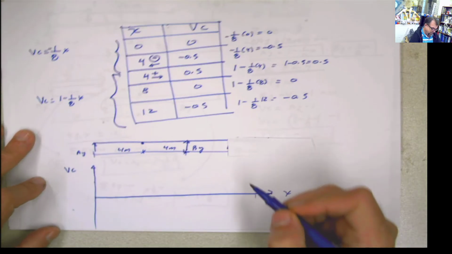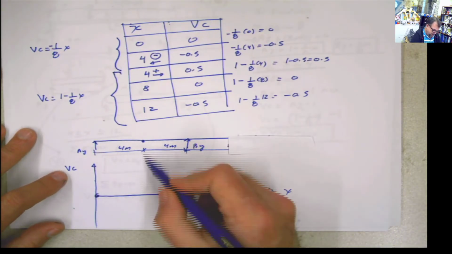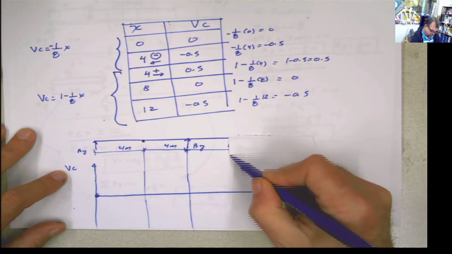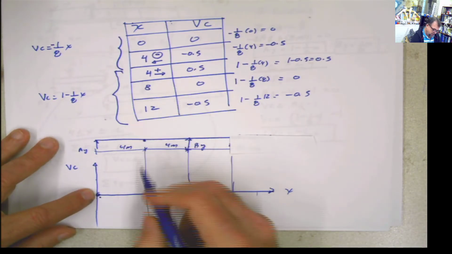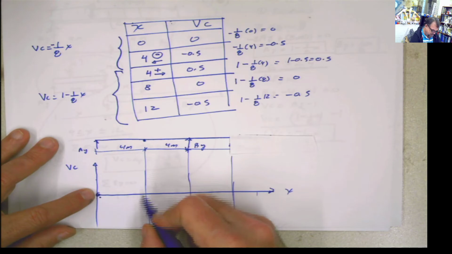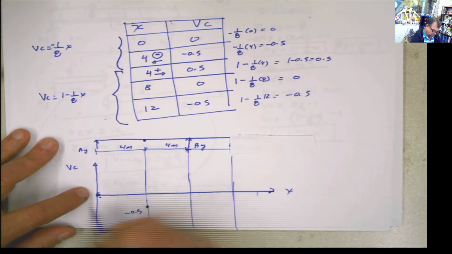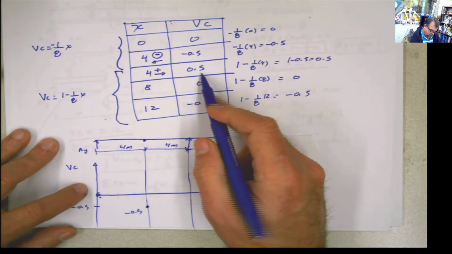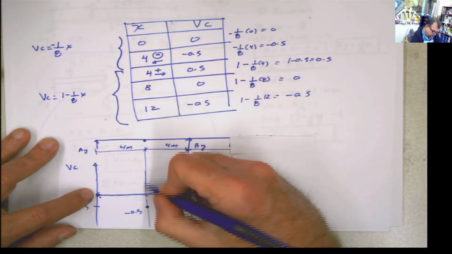Okay, there you go. Now if you put the values for the table, when x equals 0, this value is 0. When x equals 4, this value is negative 0.5. Now, at the same point, when x equals 4, the value is 0.5.